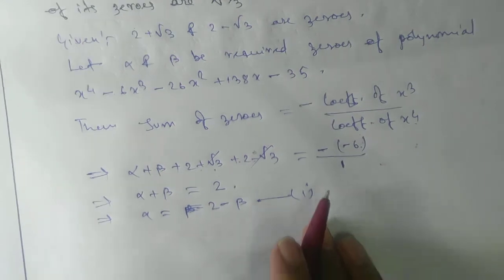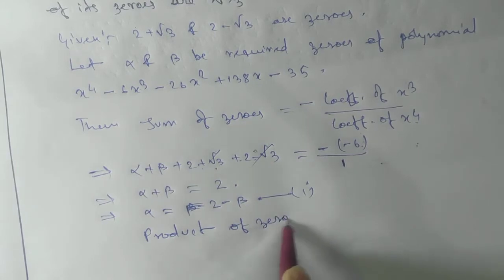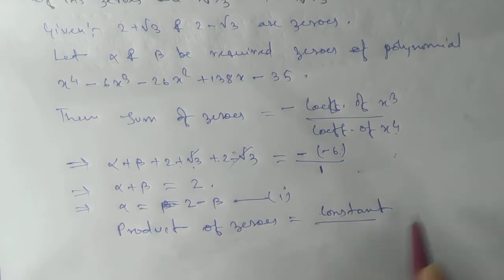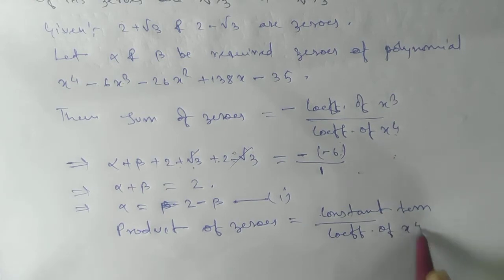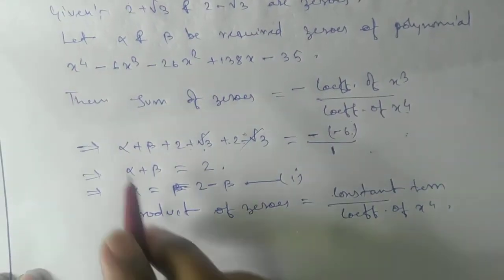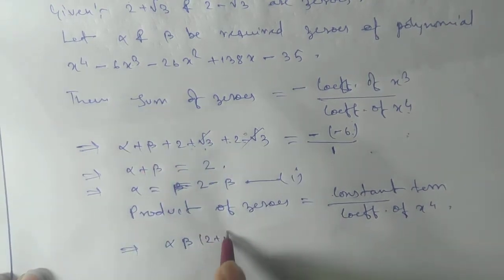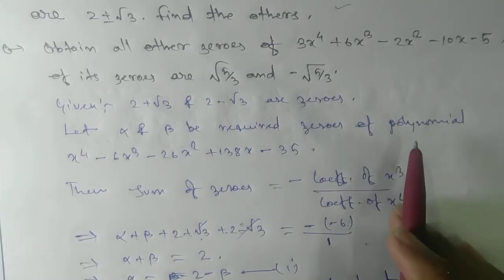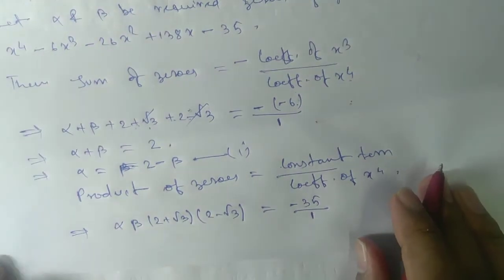Next relationship, the product of zeros. The product of zeros equals the constant term by the coefficient of x to the power 4. This means alpha into beta, and the rest will be 2 plus root 3 into 2 minus root 3, equals the constant term, which is minus 35, by 1.